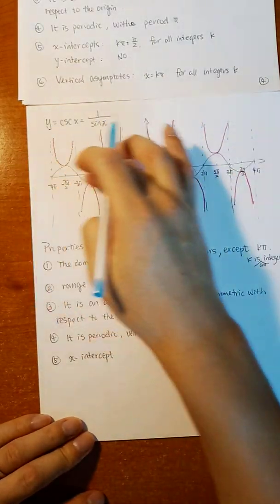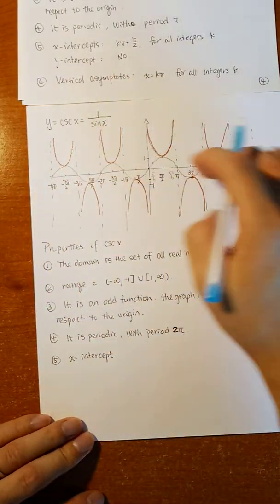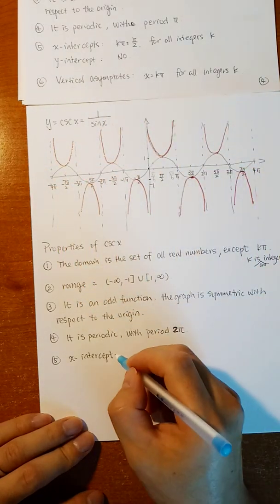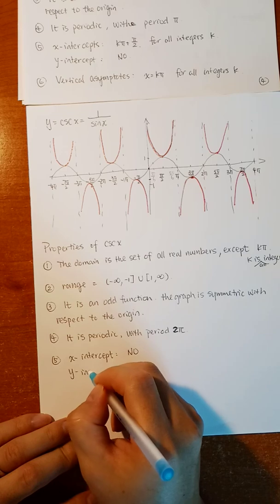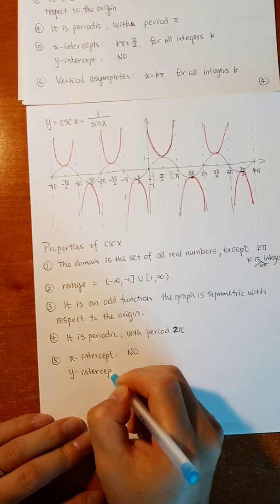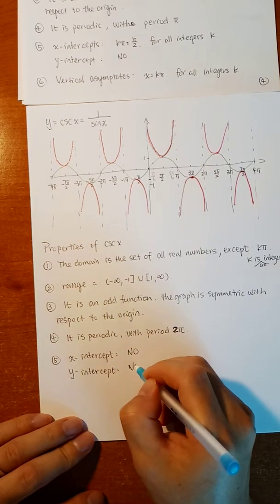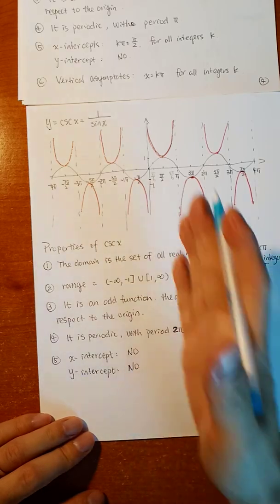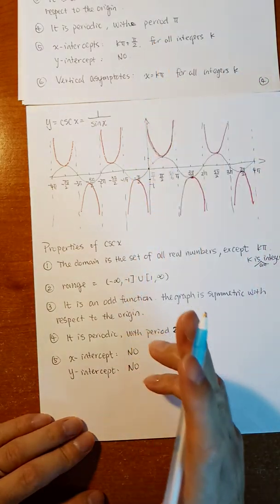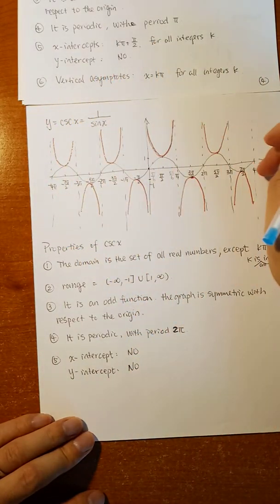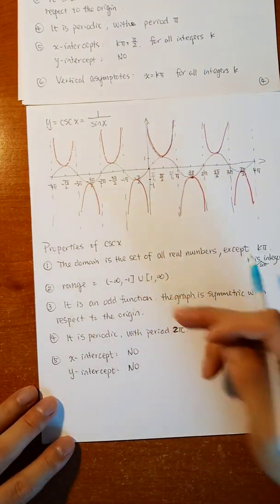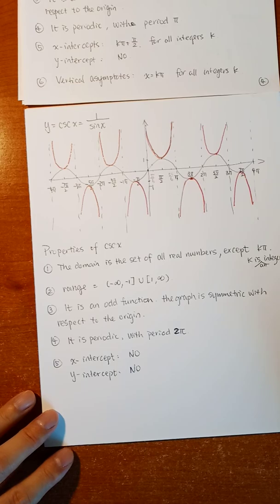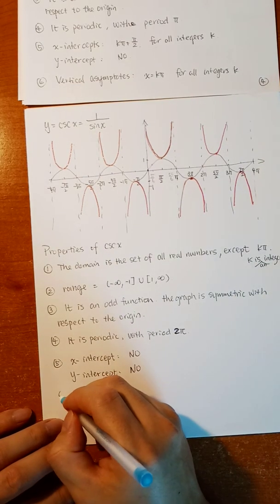No, remember that it does not go to the middle band, so no. Y-intercept. No, it has no x-intercept, no y-intercept, because 0 is not in the domain, so no y-intercept. The value is either less than -1 or greater than +1, so it has no x-intercept.